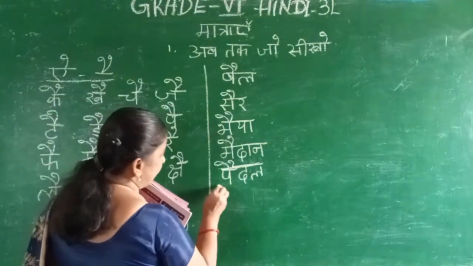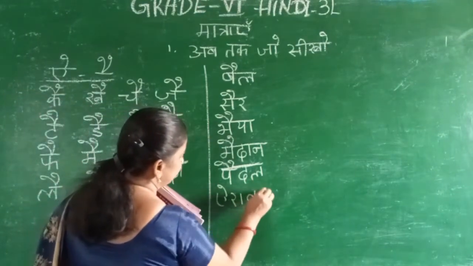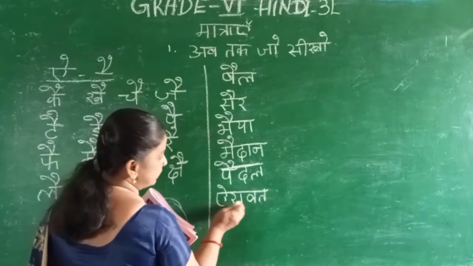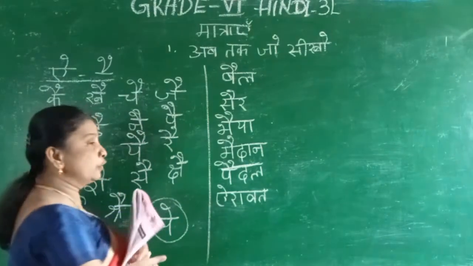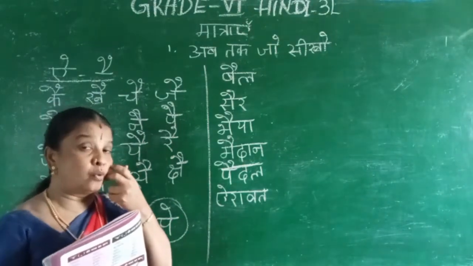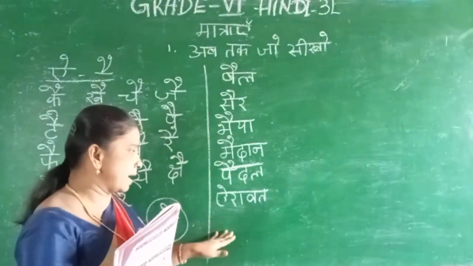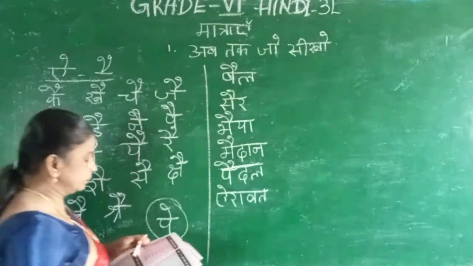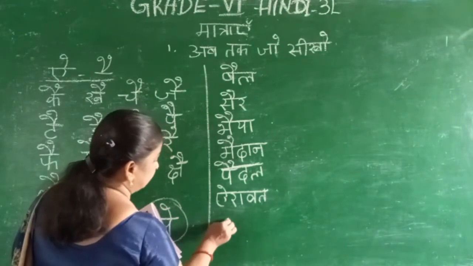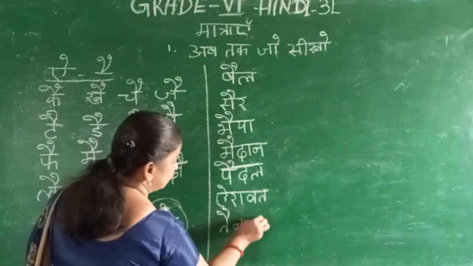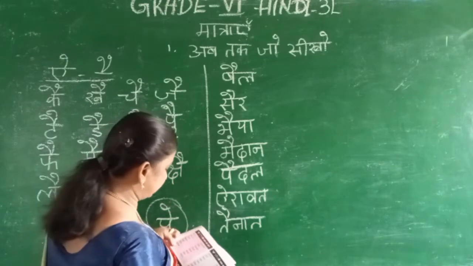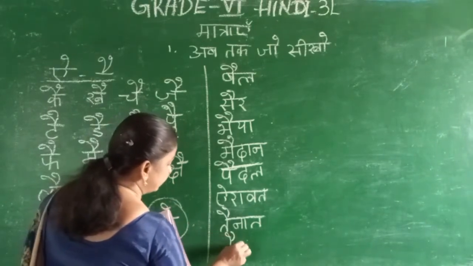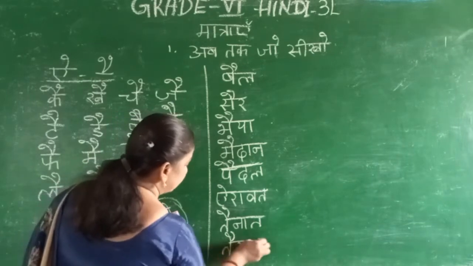See, Airavata. Airavat. How to pronounce? Do you remember how to read 4 letter words? 2 letters like the same. Airavat. And Tainata, Tainat. And Tairaka, Tairak.